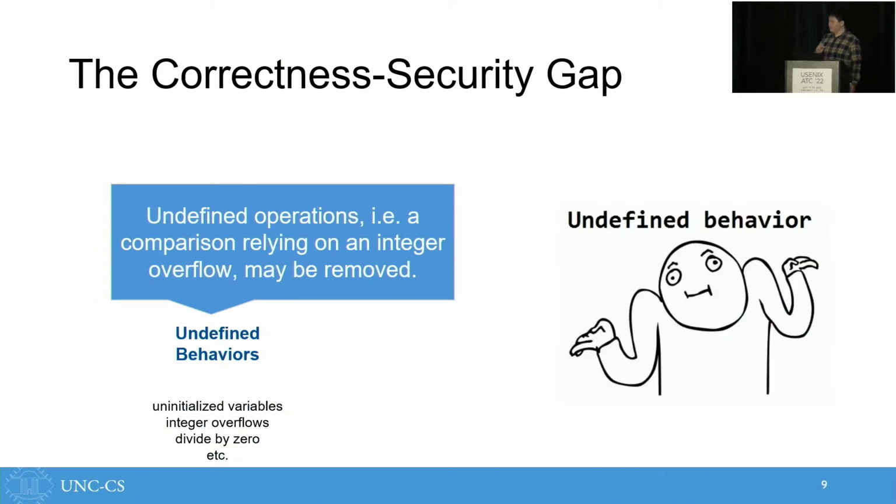Second, developers sometimes rely on undefined behaviors to perform protections, such as detecting overflowed signed integers. However, compilers are free to do whatever they want, and may identify that such a check is unnecessary, because a very large signed integer will obviously be larger than a negative integer, and remove those checks.